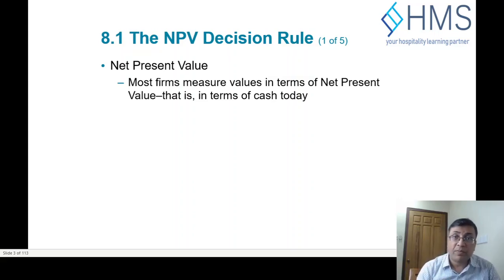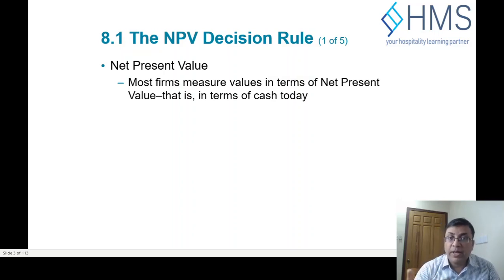So in order to understand whether the project will be beneficial for us, we discount the future cash flows to the present day using a discounted cash flow method, so that we can understand whether we are losing money or not.